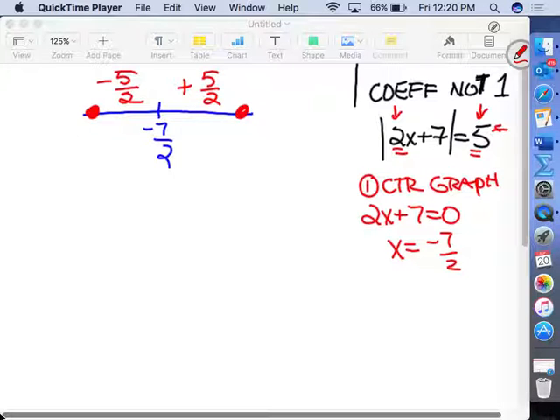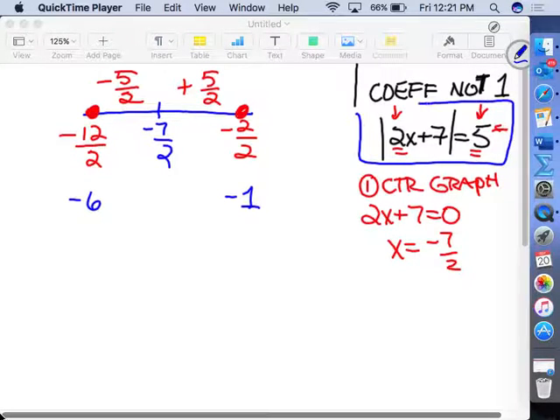Notice that they already have common denominators. So I have negative 7 over 2 plus 5 over 2. That's going to give me negative 2 over 2. And then negative 7 over 2 plus negative 5 over 2 gives me negative 12 over 2. And of course, these are the integers negative 6 and negative 1. So they would represent the solutions for this particular absolute value equation.